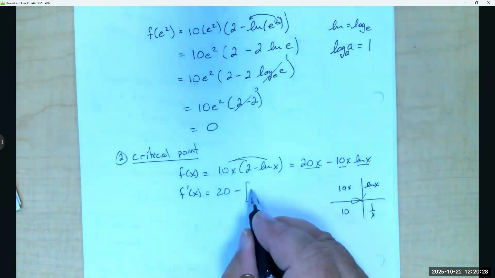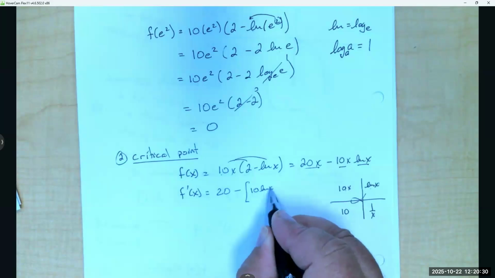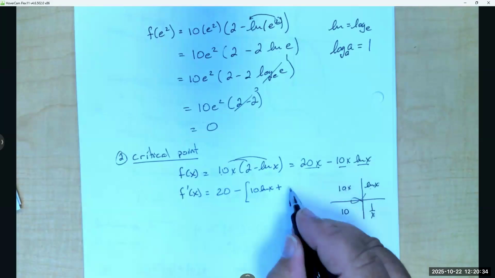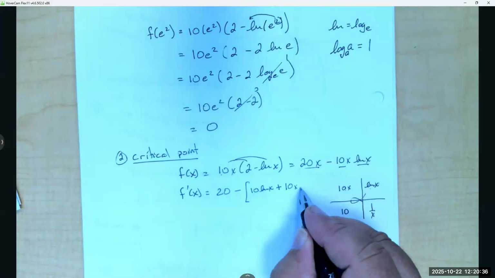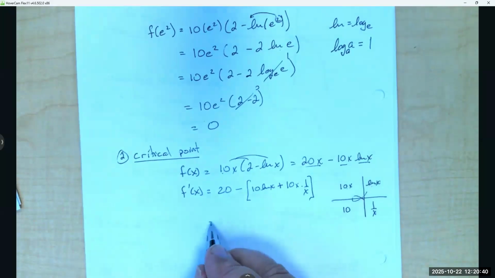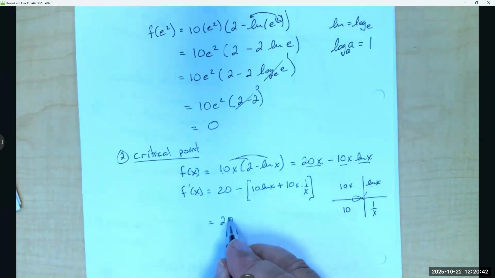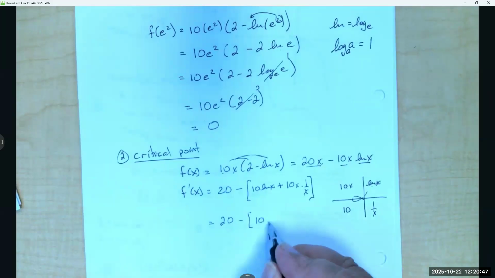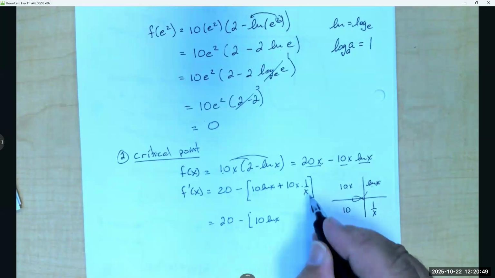Multiply those out, so it's 10 ln x. Since it's product, we plus 10x times 1 over x.